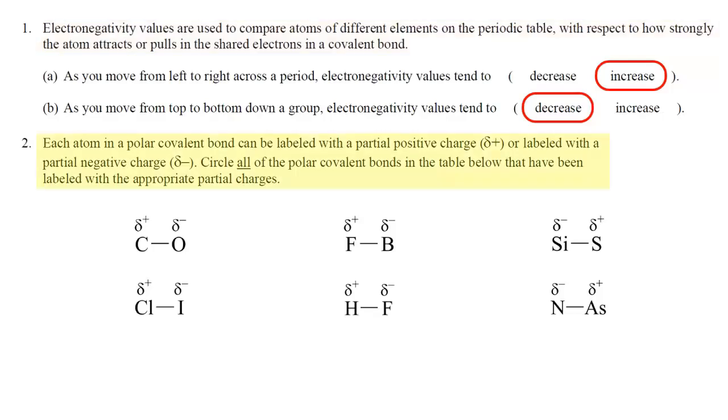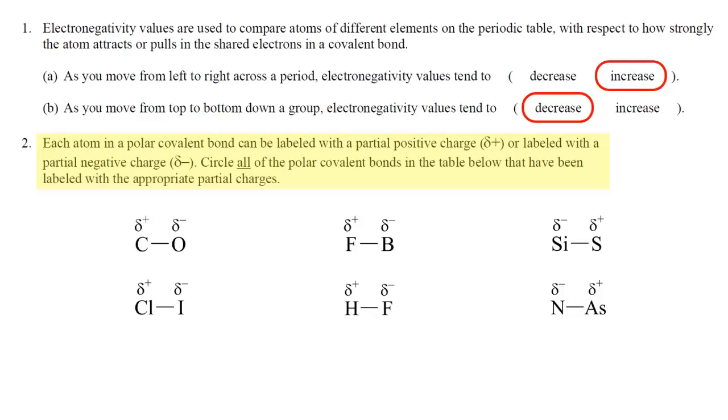It says each atom in a polar covalent bond can be labeled with a partial positive charge, so a delta plus, or labeled with a partial negative charge, delta minus. And the instructions in question 2 say circle all of the polar covalent bonds in the table below that have been labeled with the appropriate partial charges.